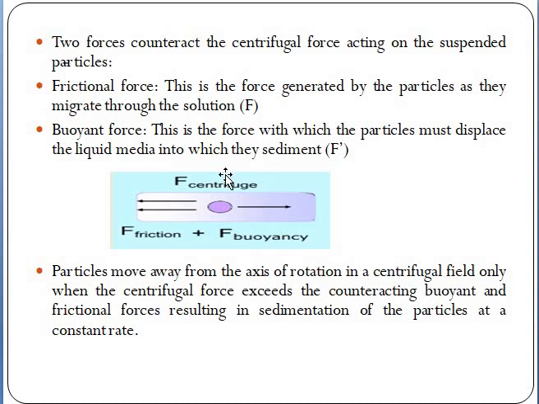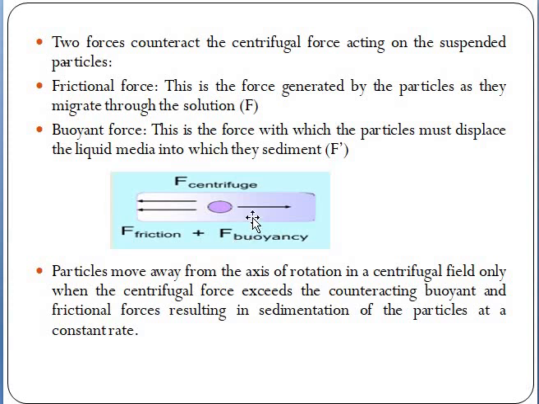So the centrifugal force acts on the particle, whereas the medium generates two others, that is, buoyancy and frictional force. That means when a particle is moving through the medium, the molecules present in the medium will retard the movement of the particle; that is called the frictional force, and the buoyancy.